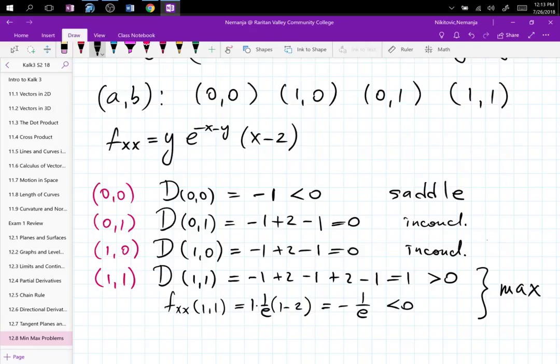And those values can be detected by doing all of this, obviously, for the inside of the domain. But then you have the boundary. And the highest point could be at the boundary. Boundary is the edge of the shape.